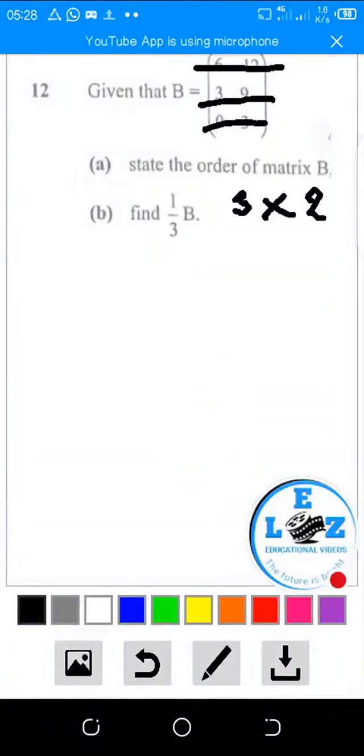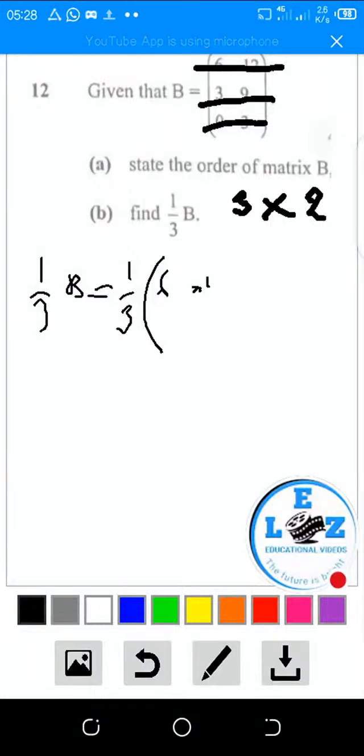To find this answer, we are going to rewrite this matrix. So the expression is 1 over 3 B, which is equal to 1 over 3 times the matrix 6, negative 12, 3, 9, 0, 3.